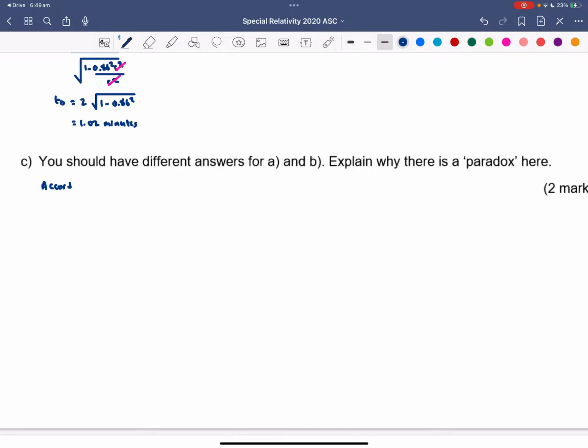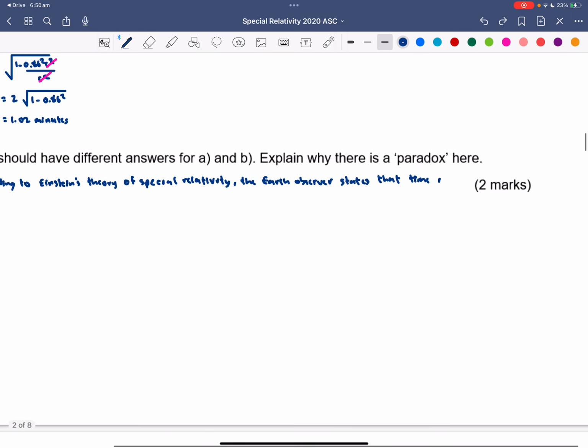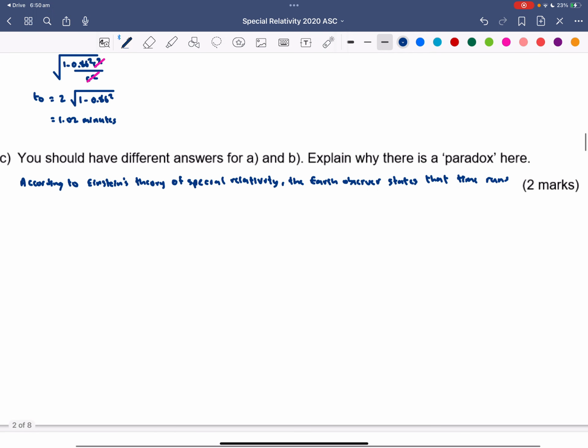According to Einstein's theory of special relativity, the Earth observer states that time runs slower on the moving spaceship.